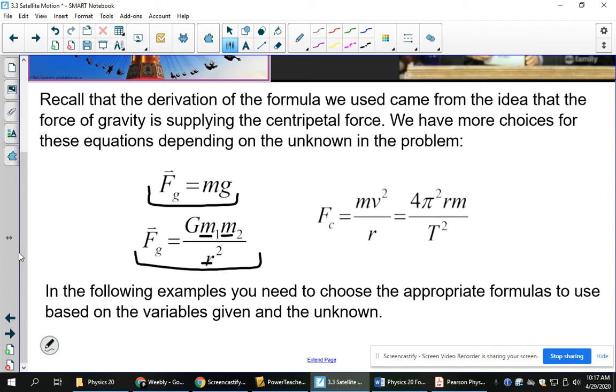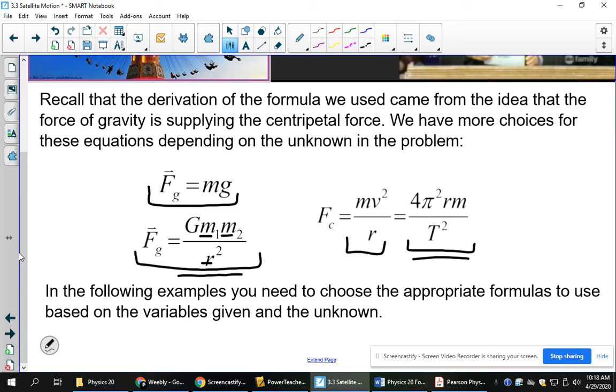We also have a couple choices for centripetal force. We can go with mv squared over r that we looked at in the last lesson, or we can go with this bigger equation that talks about the radius, the mass, and the period. So depending on what I'm giving you in the question, you're going to set up your equation accordingly. So if I'm giving you information about period, you might choose this centripetal force to sub in. If I'm giving you information about the masses of two objects that have gravity between them, you might set up with that part for gravity.